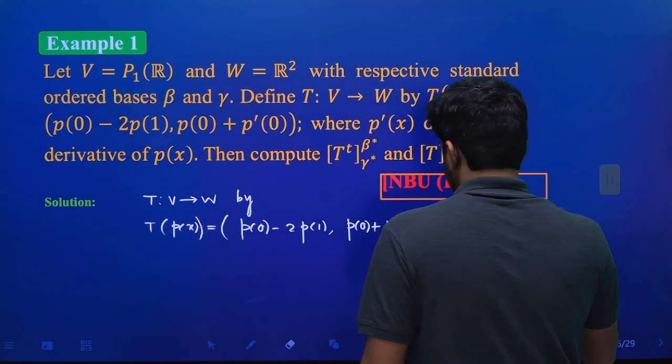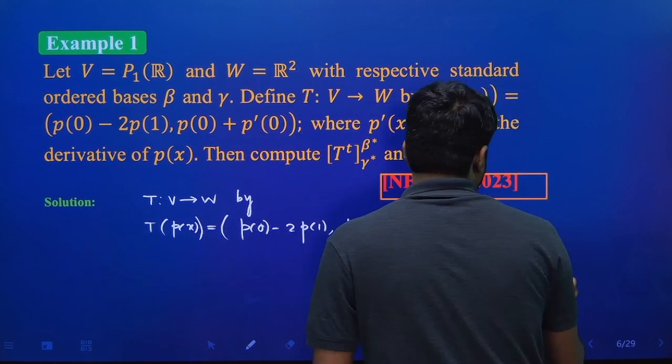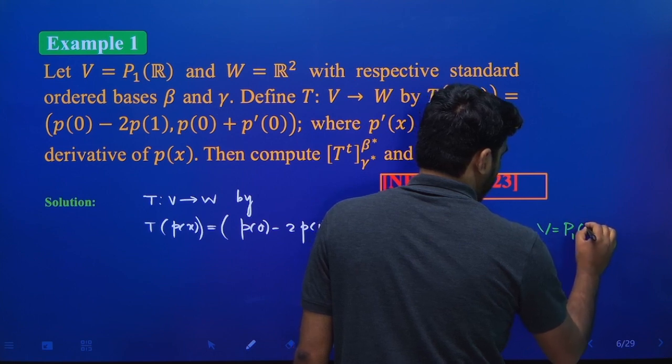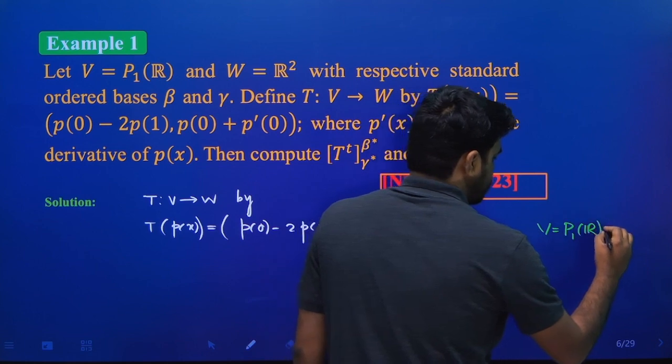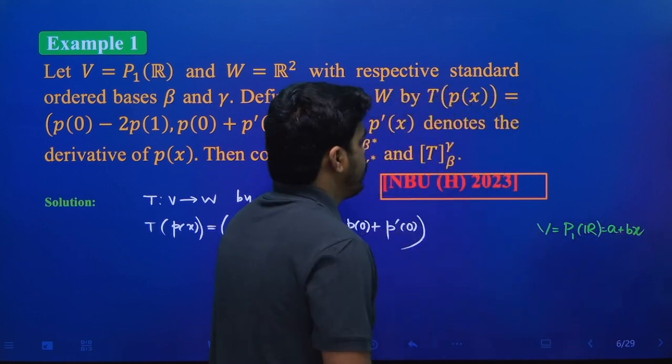So what is given here? Just see, V is a vector space of all real polynomials of degree 1, right? That means this is of the form a plus bx, right?